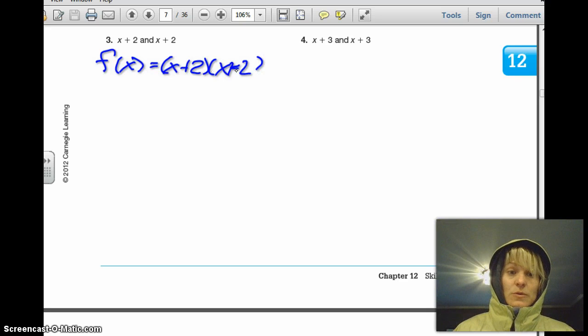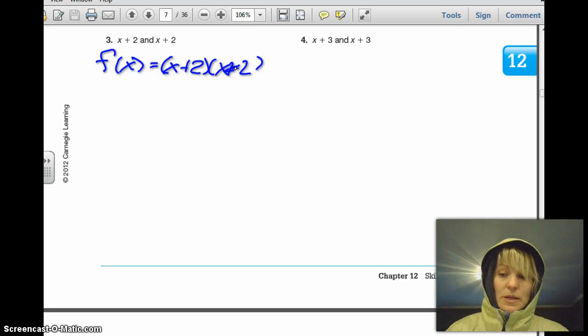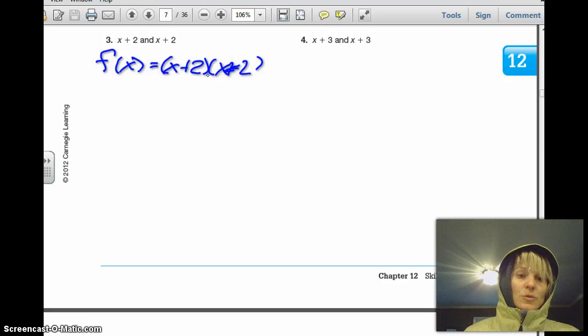So you should be able to tell me the roots are at -2 only, right? When you have 2 of that, it's one of those that just touches down in one point and comes back up, so it just has one root of -2.